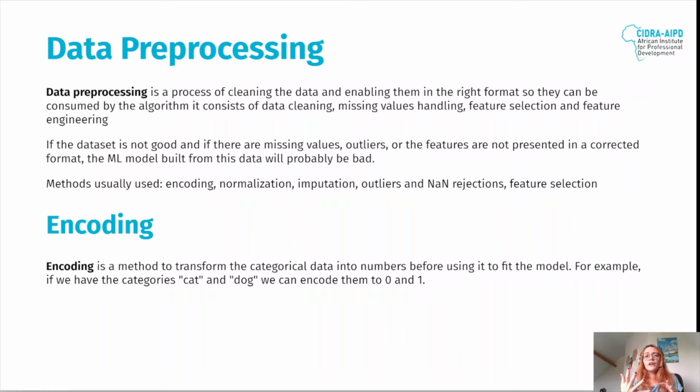If you have more, then you can give different numbers. For example, if you have cat, dog, and bird, it can be 0, 1, and 2. Another thing that you can do is called one-hot encoding. So everything's going to be zeros and ones, but each classification is going to be a column.